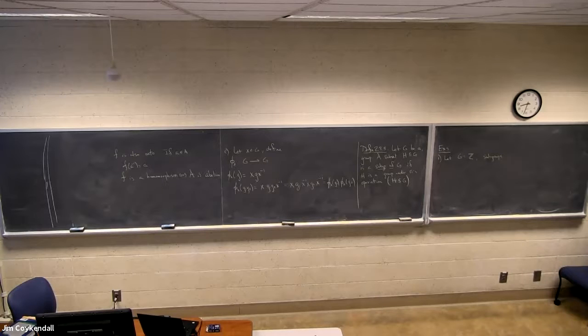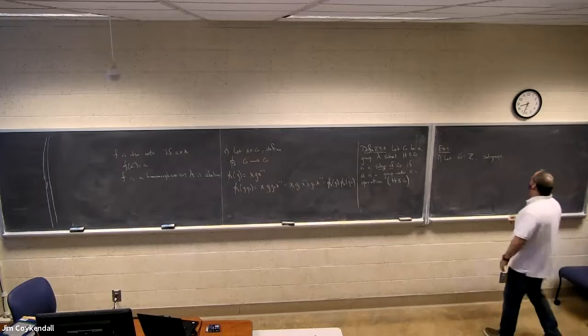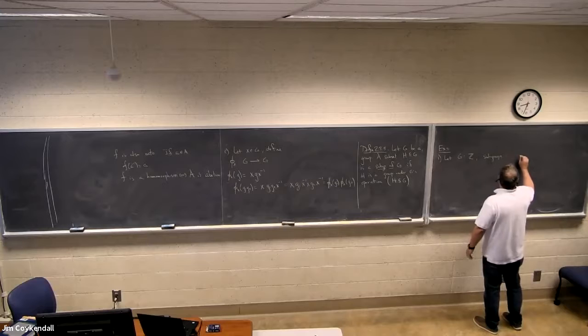Can I parameterize this? Okay. Yeah, actually, Z is kind of cool because I can in closed form tell you what all the subgroups are. Here's an exhaustive list. They look like this.